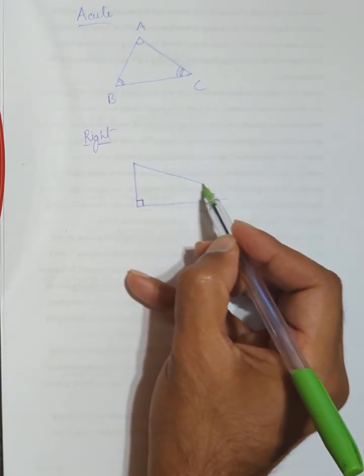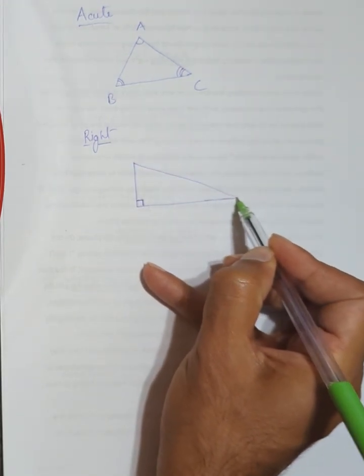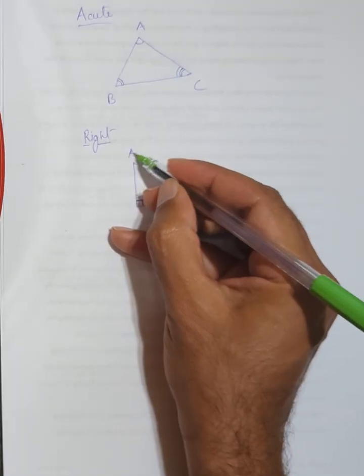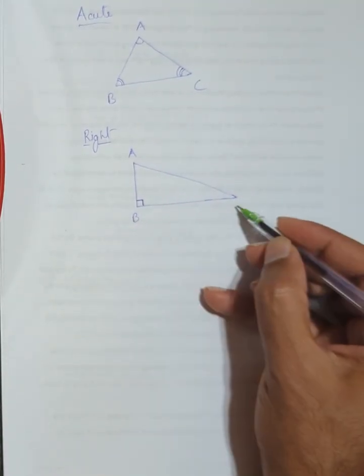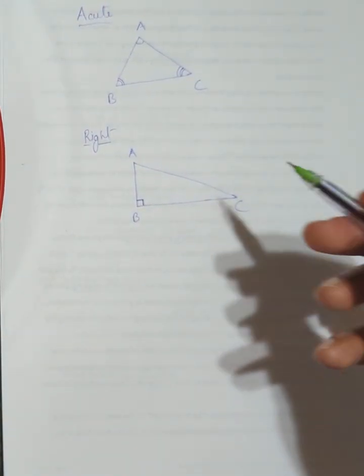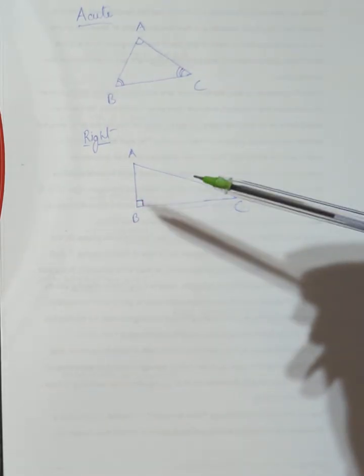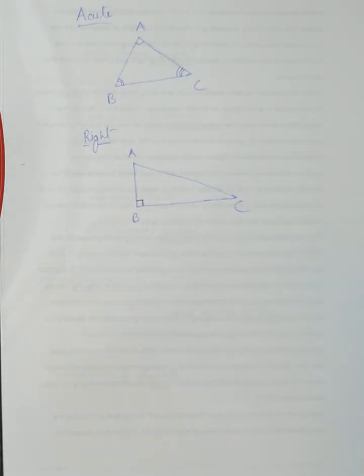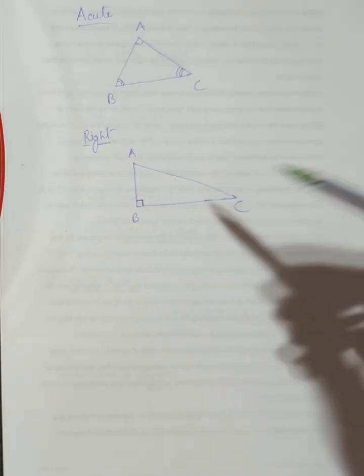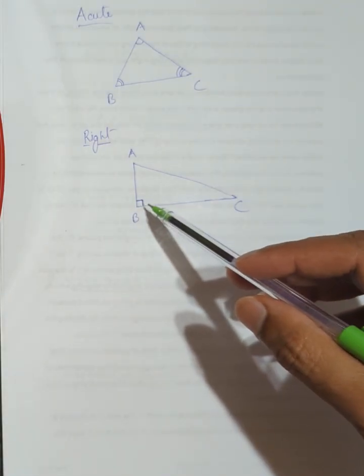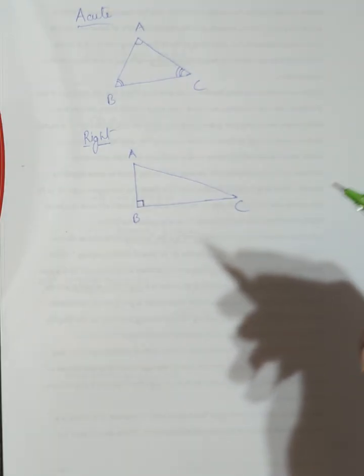So you may have a right angle in a triangle ABC. But notice you cannot have two right angles, because a right angle is 90 degrees and all the angles should add up to 180 degrees, which means there can be at most one right angle.